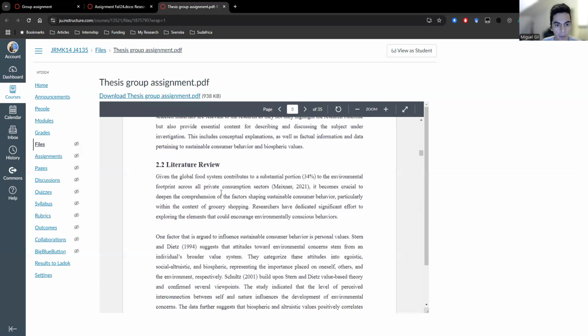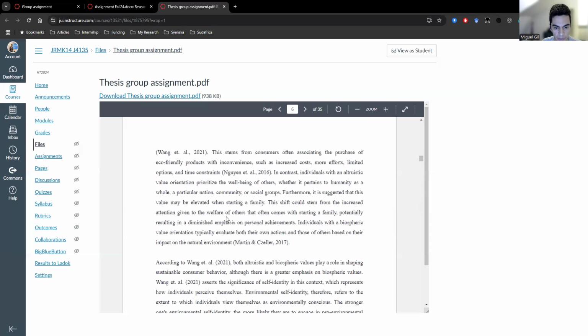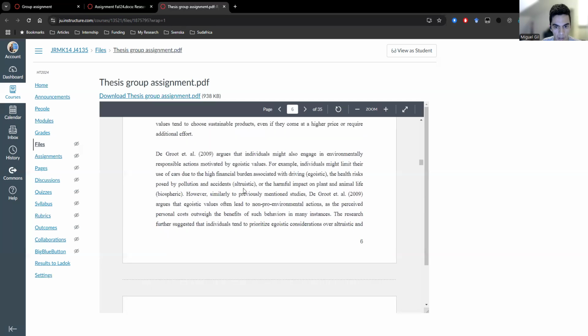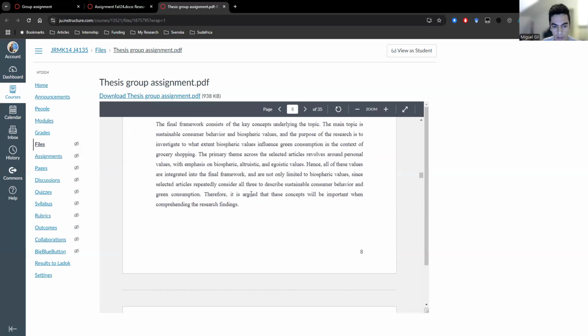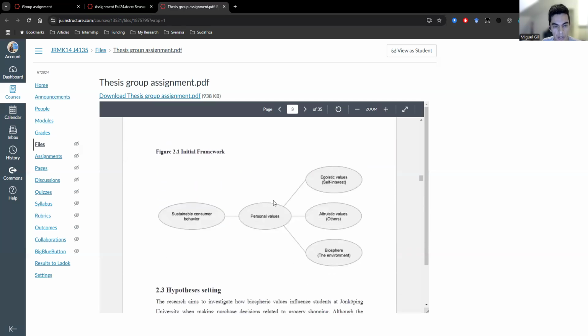If we take a look at how they did the literature review, I think they follow that idea. They discussed different articles and then in the end they discussed the relationship. And then they actually did it like this. They mapped or drew how it would look with different aspects.